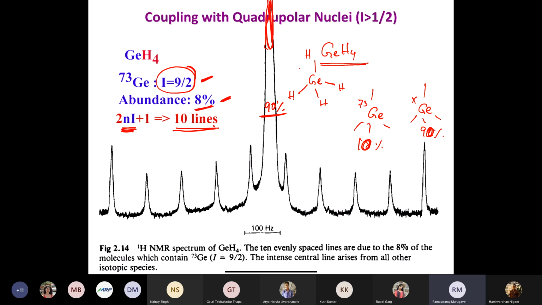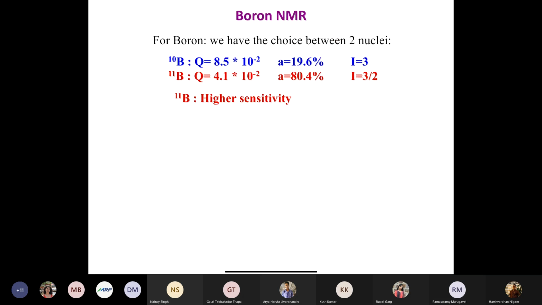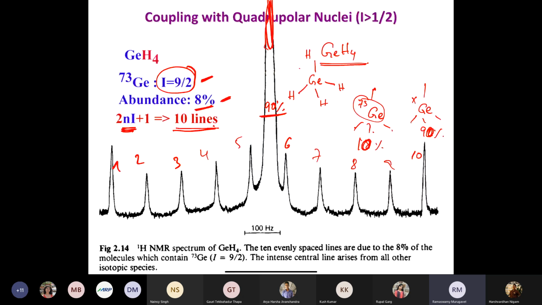Long peak. And the 1, 2, 3, 4, 5, 6, 7, 8, 9, 10 lines are because this germanium-73 couples with the 4 protons equally. One signal only for the hydrogens, equally, and 9/2 gives us 10 lines. So this is 1%, 1%, 1%, 1%, 1%.